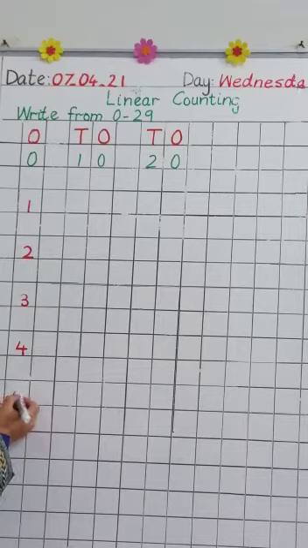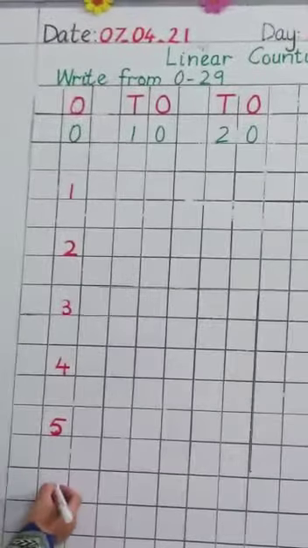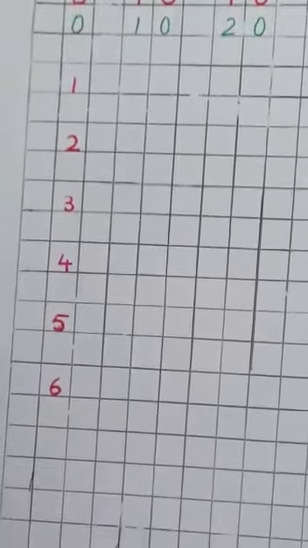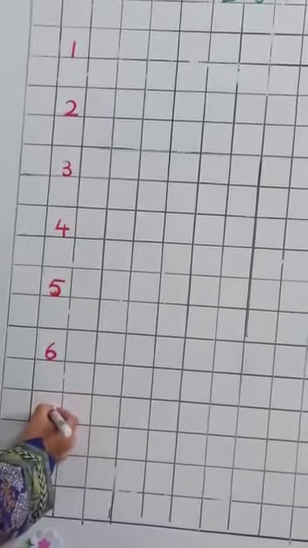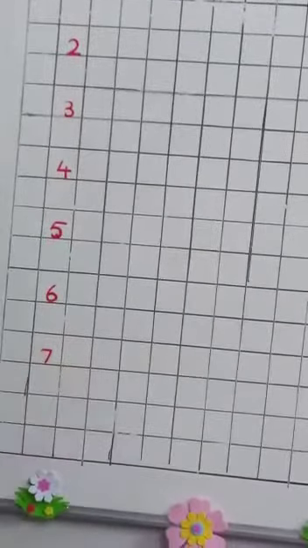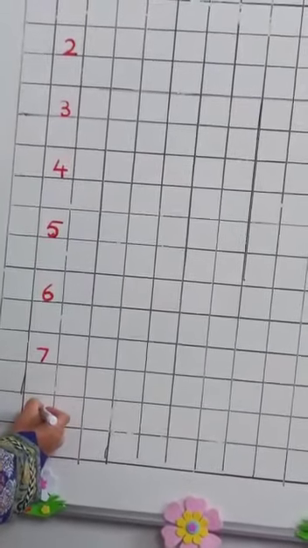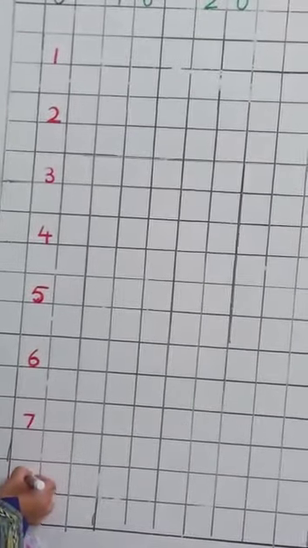Okay, so now again leave one block over here and write down the number 5. Okay, leave a block and write the number 6 over here. Then again leave a block and write down 7, and again leave a block and write down the number 8.